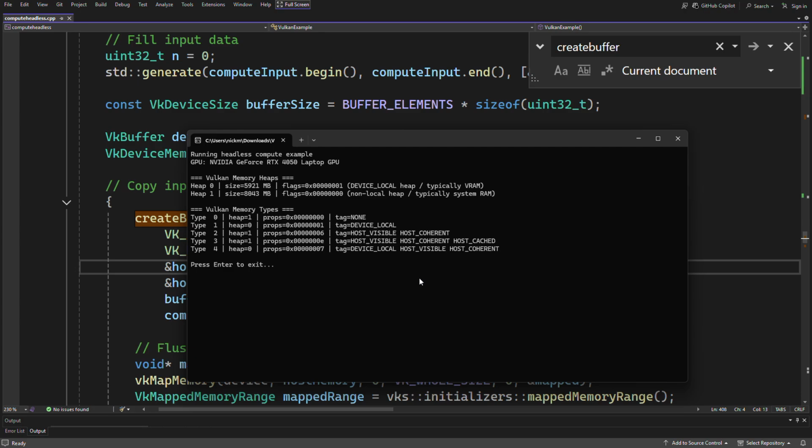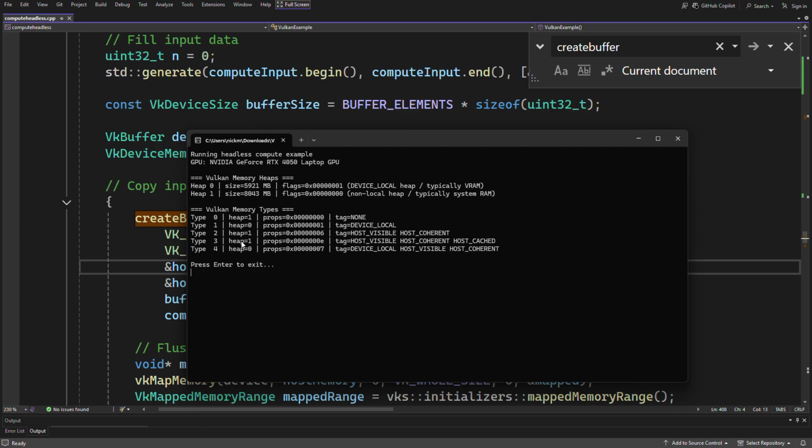So host coherent basically means both the CPU and the GPU can access the memory. But then the question is, how are you accessing that memory? If you're on heap 1, which is system RAM, which is CPU RAM, but it's also host coherent, which means the GPU can access it, how is the GPU accessing it?